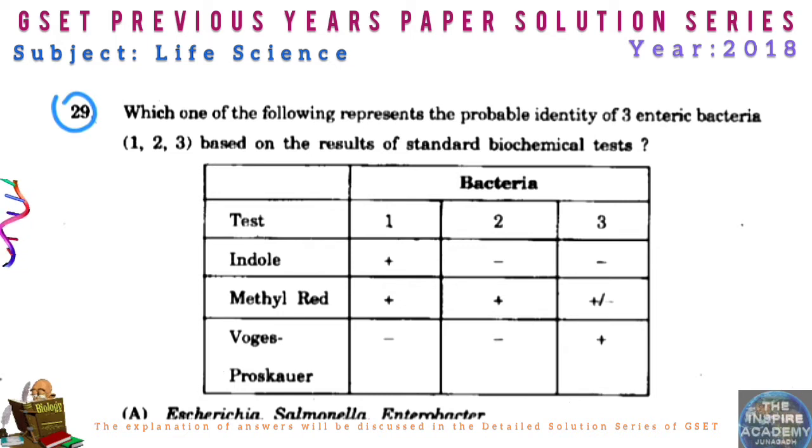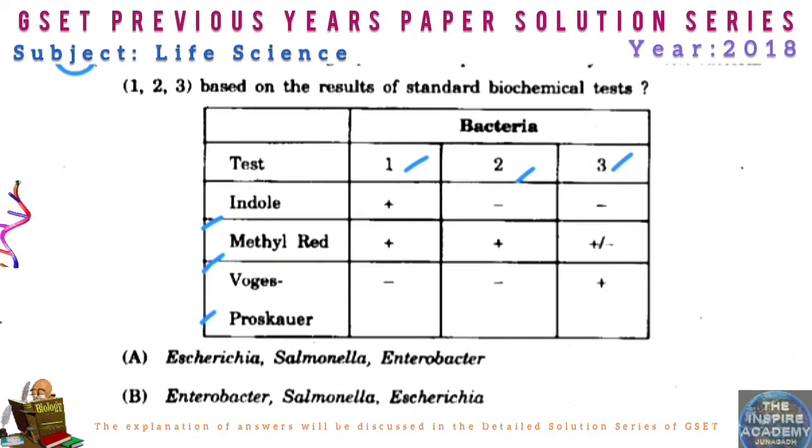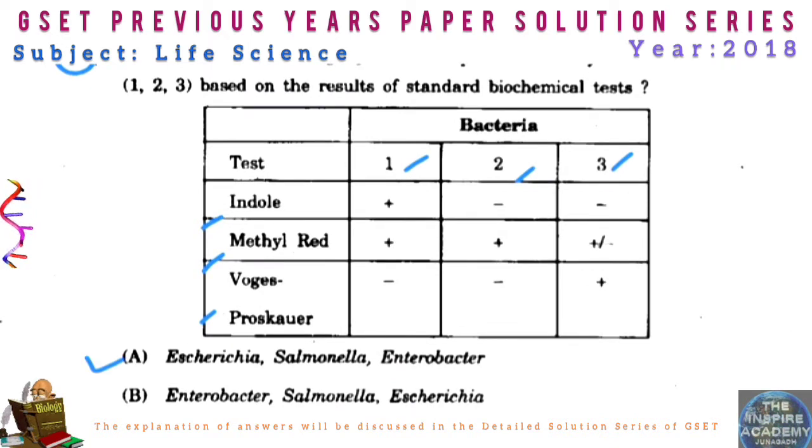Based on the table given below, the tests are indole, methyl red, Voges-Proskauer, and 3 enteric bacteria are given 1, 2 and 3. So here the correct answer is option A, Escherichia, Salmonella, Enterobacter.